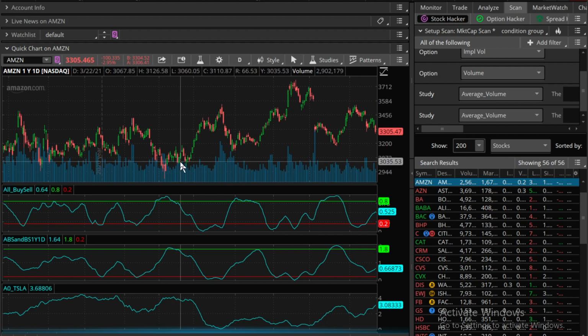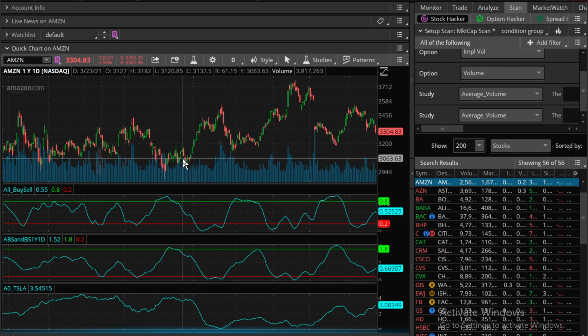So let's say beta is really low right here for Amazon, and a week or two later, Amazon's up pretty big. Then let's say beta was high at this point, and it came down. So there's a correlation. Basically I'm looking at correlations and then taking those.